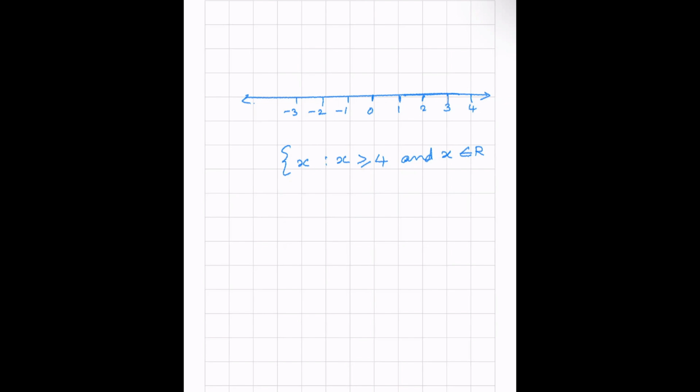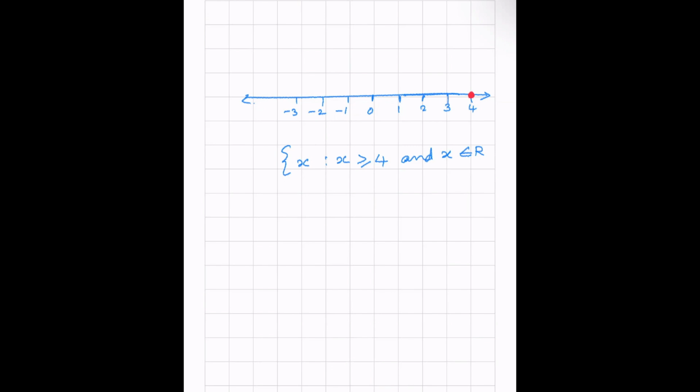So if you want to represent x greater than or equal to 4, where is my 4 coming? My 4 is coming here, right? This is my 4. Now I will put a dark circle here, a darkened circle on 4. Why am I putting a darkened circle?